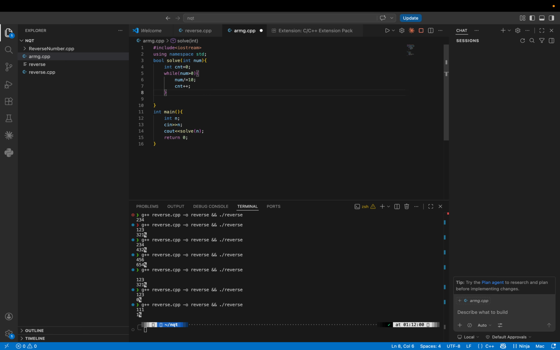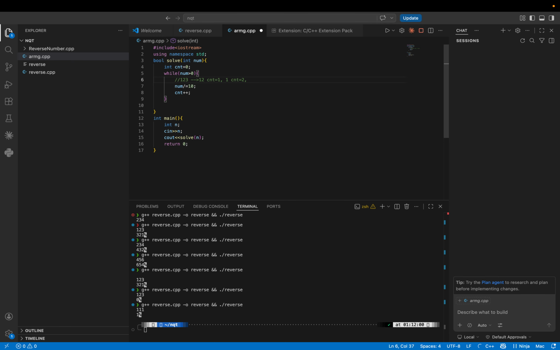In this way I'll be able to increase the count, right? I hope I'm going right. 1 2 3. First time I divide, I will get 12, and count is 1. If second time I do, it would only be 1, right? If I divide it by 10, I will get 1 only, and the count is 2.